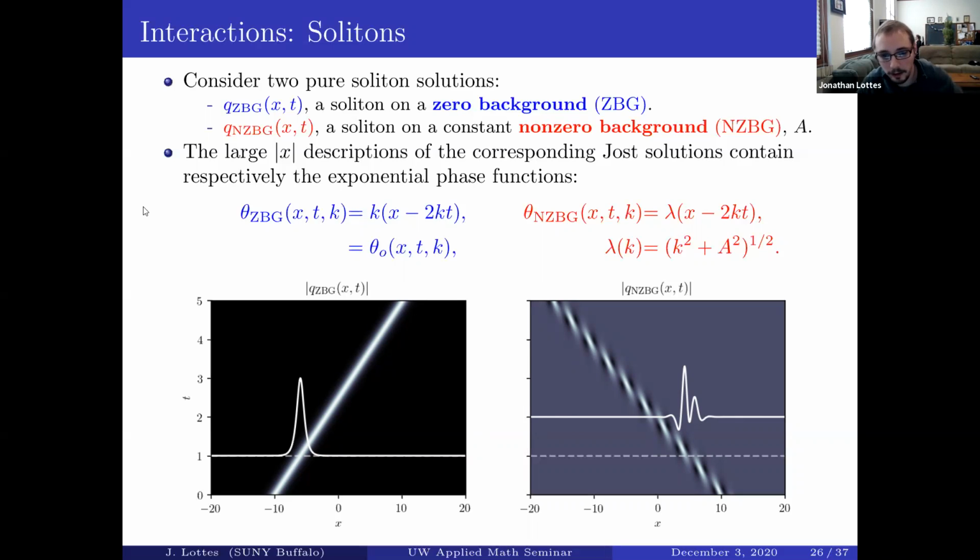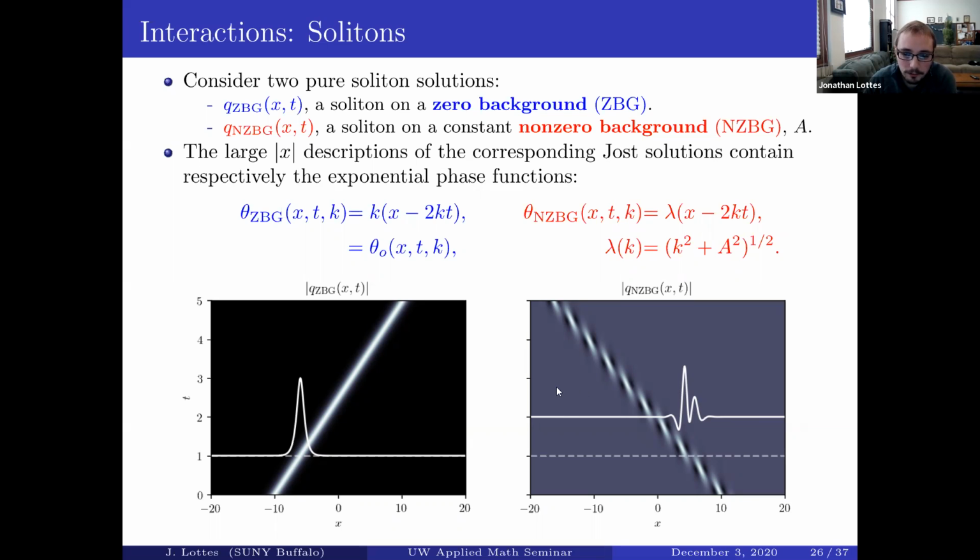That's the same theta naught we used when setting up the Riemann-Hilbert problem. In the non-zero case, we've got lambda x minus 2 k t, where lambda is square root of k squared plus A squared. That's the same lambda as before, just with 0 velocity. We had lambda plus and minus before.